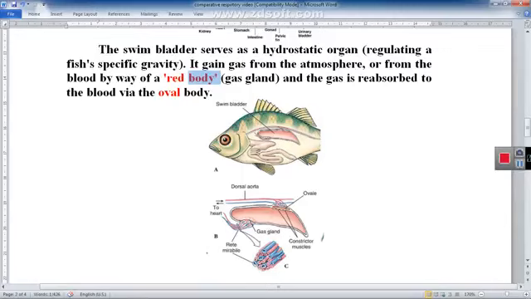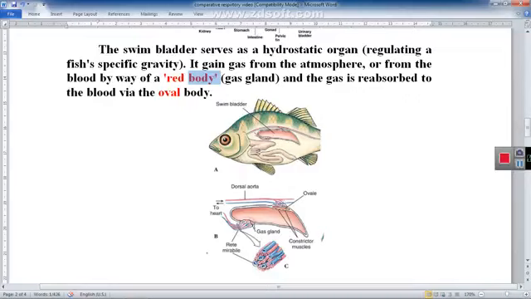The red body contains blood vessels from which gas will diffuse into the air bag or the swim bag. And even the gas in the swim bag or swim bladder may be reabsorbed back to the blood via the so-called oval body.